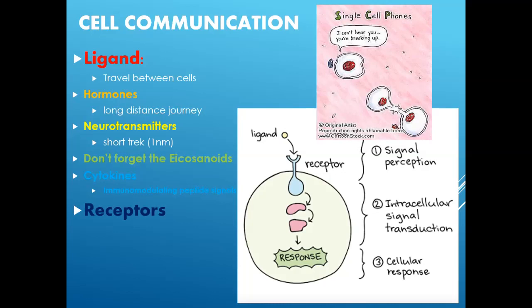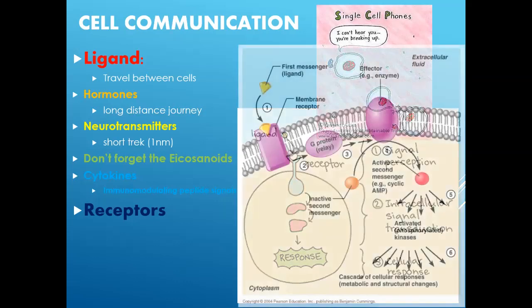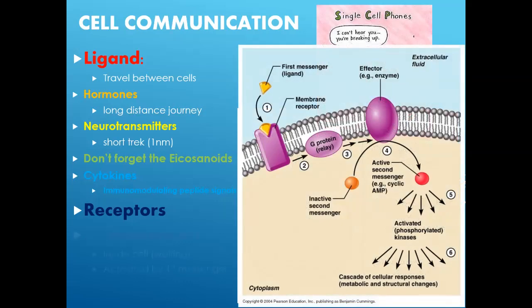And I know many of you take anatomy and you get to do endocrinology and neuro stuff. We're going to be looking at it from a chemist standpoint and looking at the chemicals involved. This is a picture because it shows what happens sometimes, but not always. So there's the first messenger, which is the hormone or the neurotransmitter.